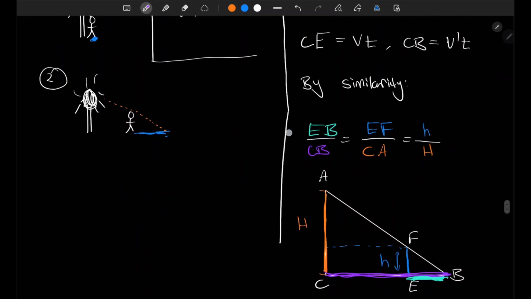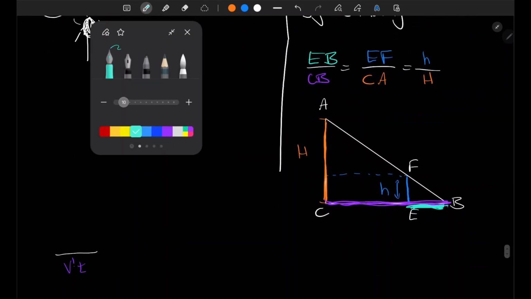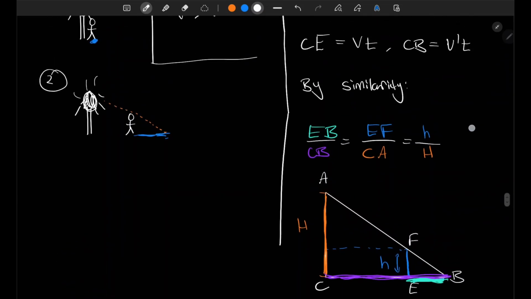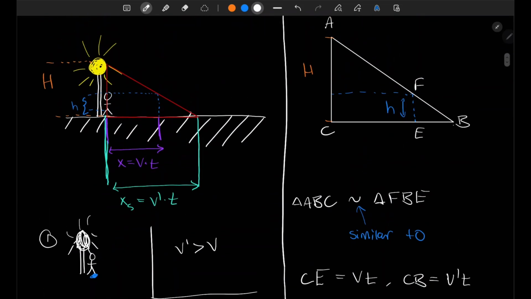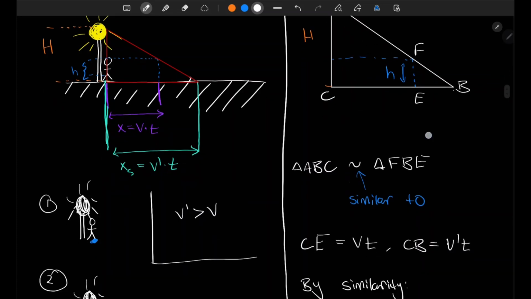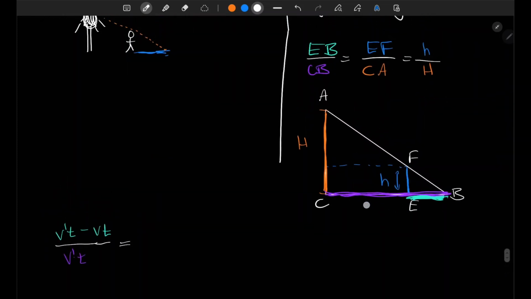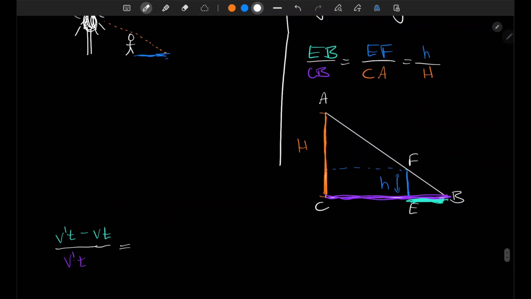So that's going to be V prime T minus V of T, right? Just to clarify, this distance here is CB minus EC, and this should still be equal to little h over big H.